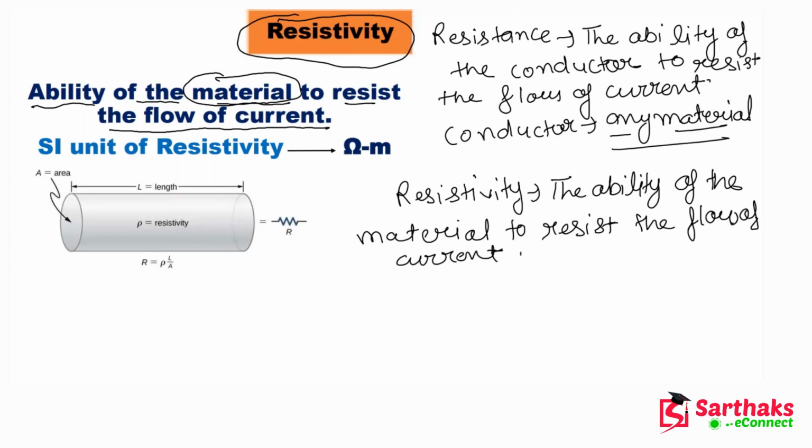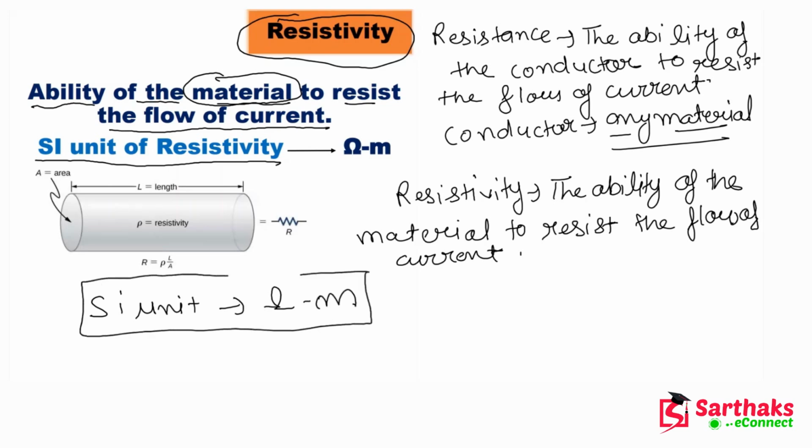Now, let's talk about the SI unit of resistivity. The SI unit of resistivity is ohm meter. Now, how did we calculate this SI unit? This is very simple. We can derive it from the formula.